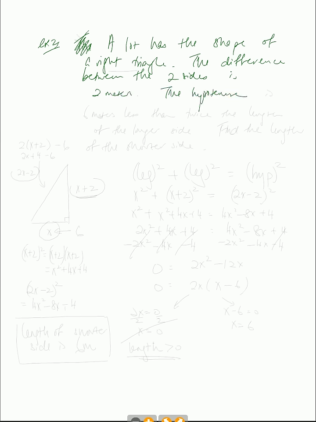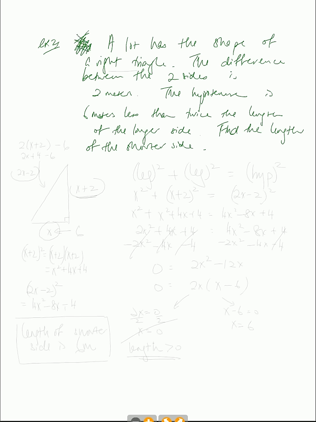The hypotenuse is 6 meters less than twice the length of the longer side. Find the length of the shorter side.